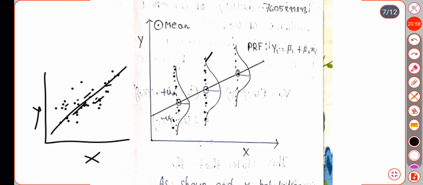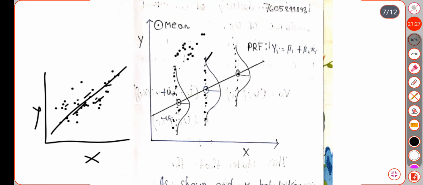It is not the case that the error terms are very much spread out from the best fit line. Suppose the error terms are situated like this, where a couple of error terms are very far away and others are very close. This is not the case. If this was the case, then we can't say that the expectation of the error term is 0.